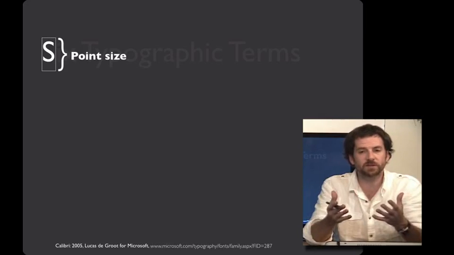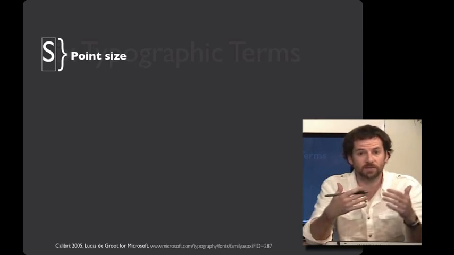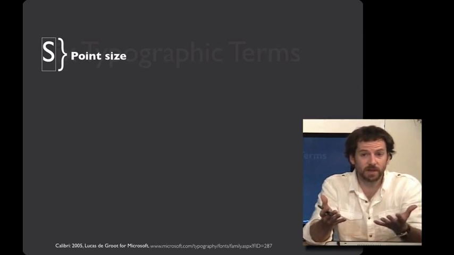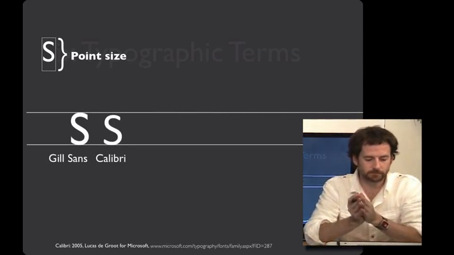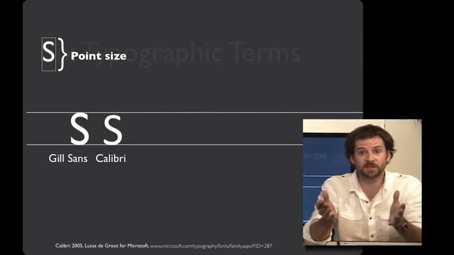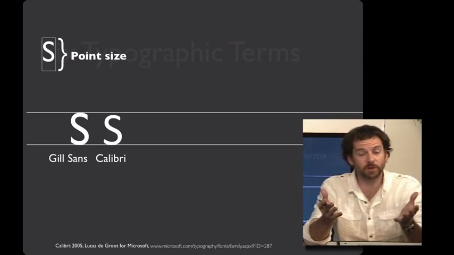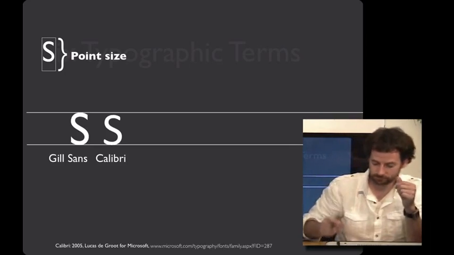Most of our terminology from typefaces comes from when they were set in lead, and the point size of a typeface really just means the height of the lead block that the type was set in, which has some relationship to the actual letter size, but it's not completely consistent. For example, you can see for the same point size, here's a letter S in Gill Sans and a letter S in Calibri. And you can see that the Calibri S is lower than the Gill Sans S.